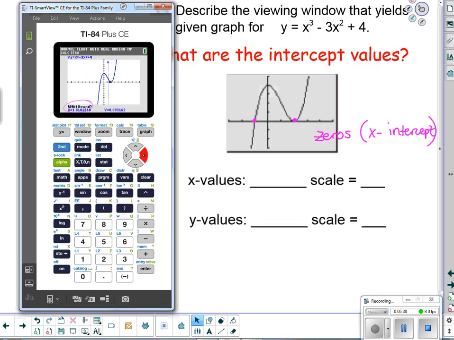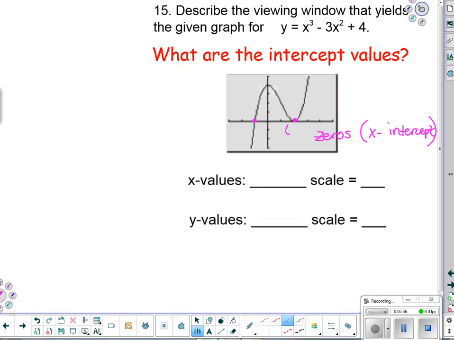I get a vertical line on my graphing calculator. You may not if you have a different model. So somewhere in this region is the zero. I could guess, I could bring my cursor back a bit, but if I hit enter, I get the zero is at 2. So this spot right here is 2, 0.